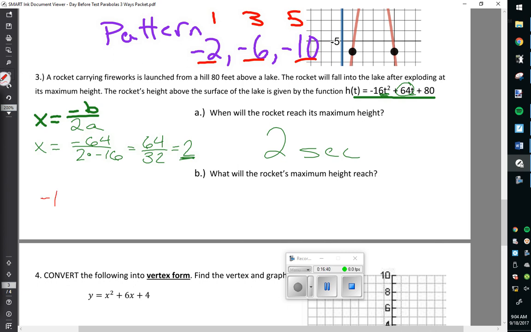Plug it back in. So this negative 16, negative 16 t squared plus 64 t, plus 80. Everywhere we had an x up in the equation, or a t in this case, we're going to plug in 2. We're going to type that into our calculator.